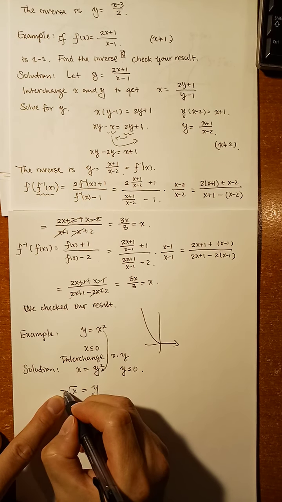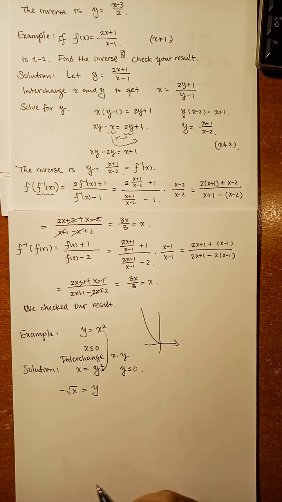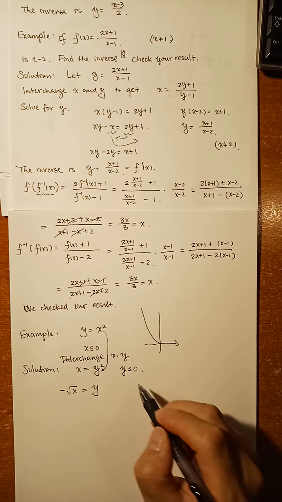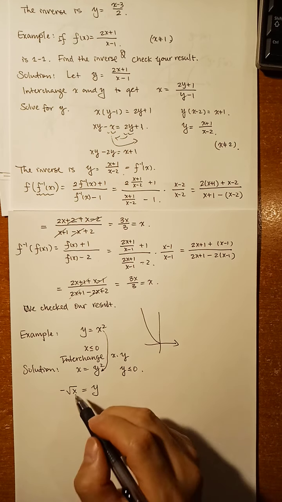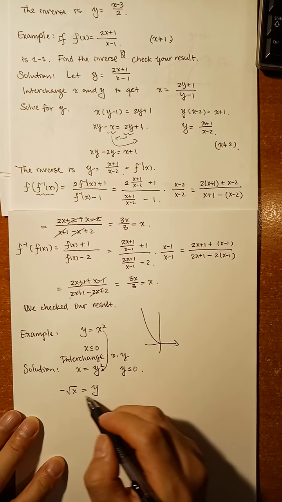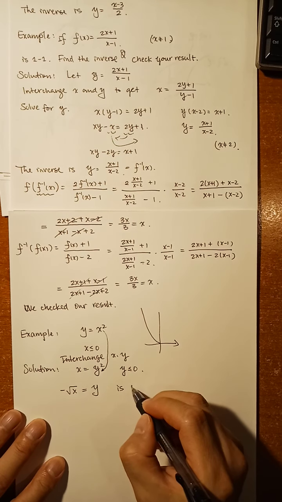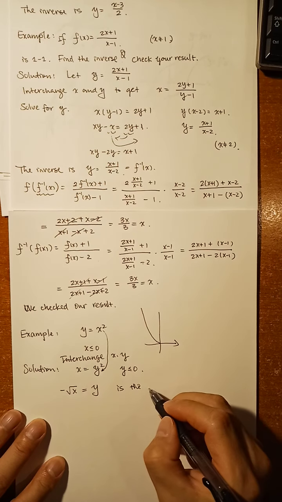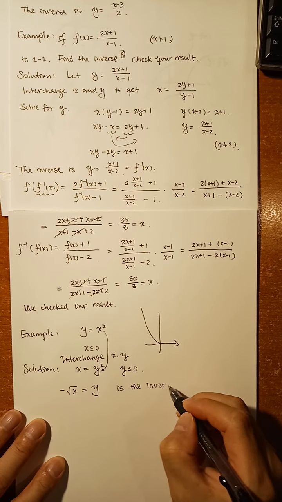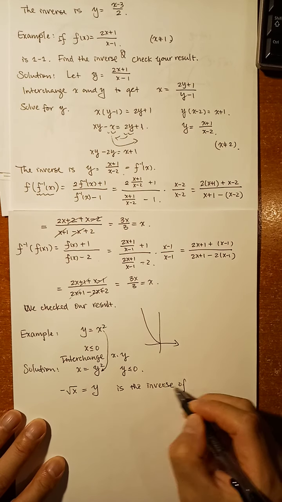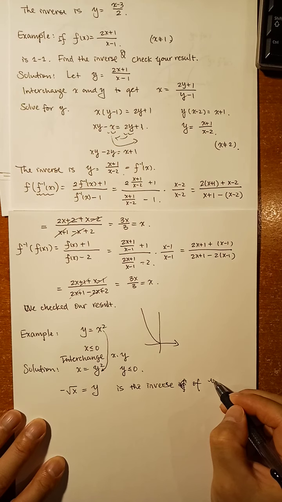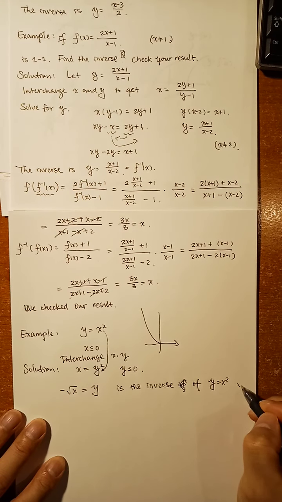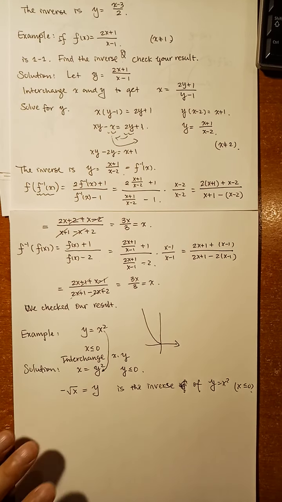You need to pick the negative square root to guarantee that your y is less than or equal to 0. Okay? So this is the solution: y equals negative square root of x is the inverse of y equals x squared, x less than or equal to 0.